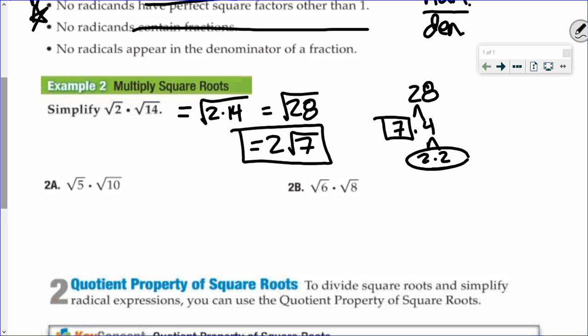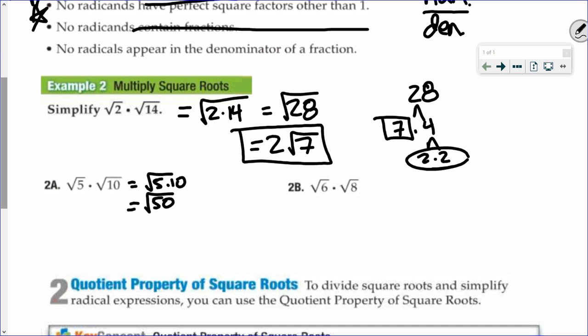All right, let's do this again. You guys go ahead with 2a here. Go ahead and pause and try 2a. After you've paused and tried this, we should have the square root of 5 times 10, which is the square root of 50.